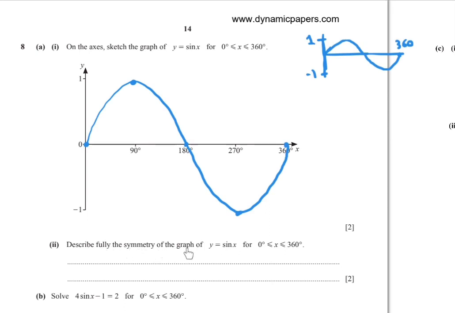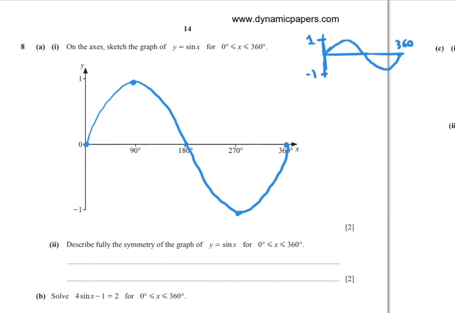Describe fully the symmetry of the graph y equals sine x for x greater than or equal to 0 and less than or equal to 360. To describe the symmetry of the graph, you need to find the number of lines of symmetry and the order of rotational symmetry. For the line of symmetry, we don't have any line of symmetry for this graph because we cannot draw any line that divides this graph into two halves where each one matches the other.